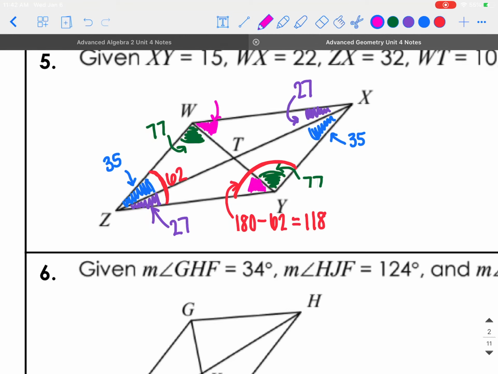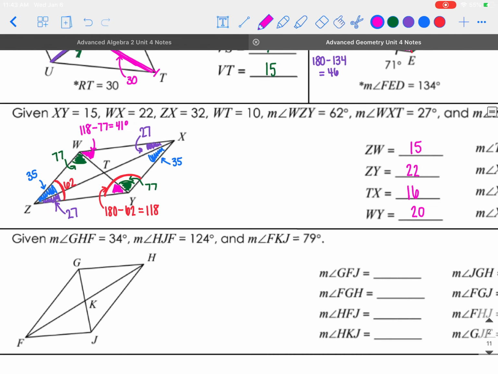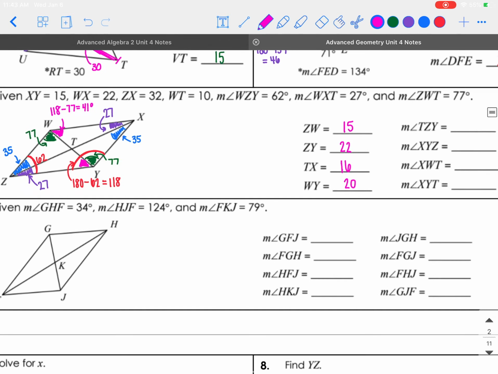So for this pink angle, I can take 118 minus 77, and we get 41. And that should help us answer all of our questions.